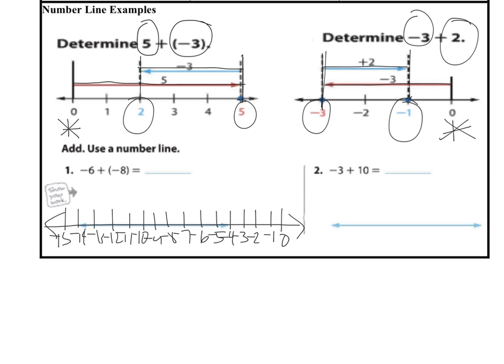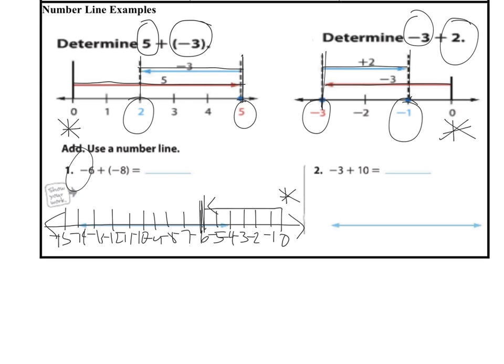Okay, so we always start at 0, so let's put a star at 0. And first we have -6. And since it's negative, we're going to go to the left 6 times. So starting at 0, we're going to go 1, 2, 3, 4, 5, 6. So now I'm at -6.